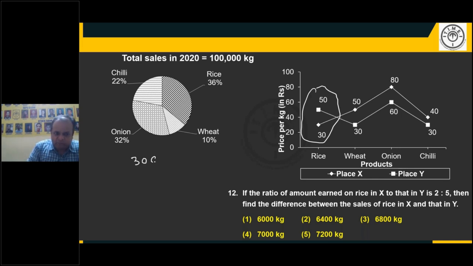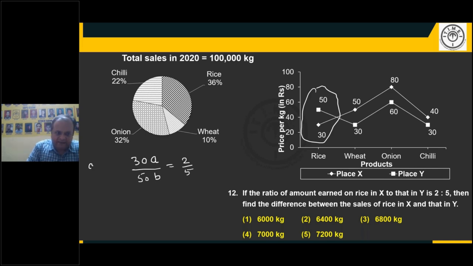Let's say A quantity is being sold, right? So 30A is the total amount at X, and price of rice in Y is 50. Let's say the quantity being sold is B. So 30A upon 50B should be equal to 2 upon 5.